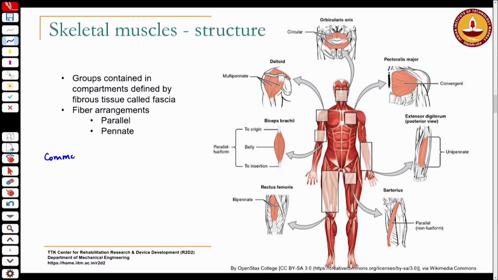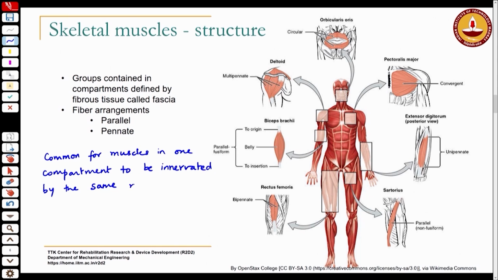So, it is common for muscles in one compartment to be innervated by the same nerve.